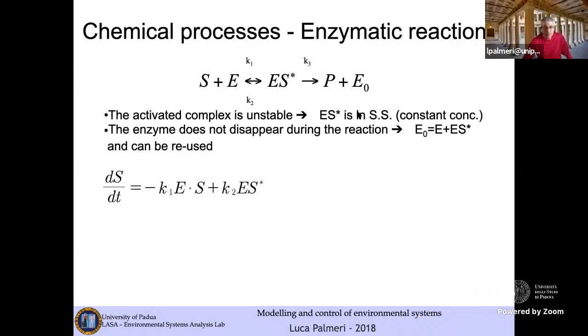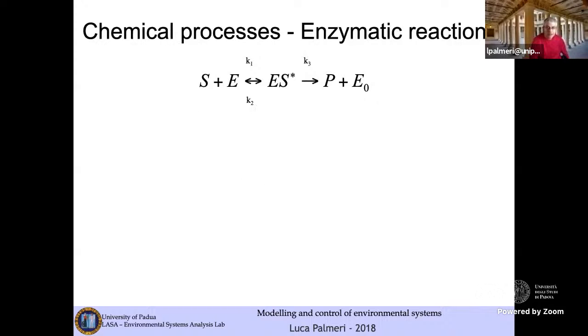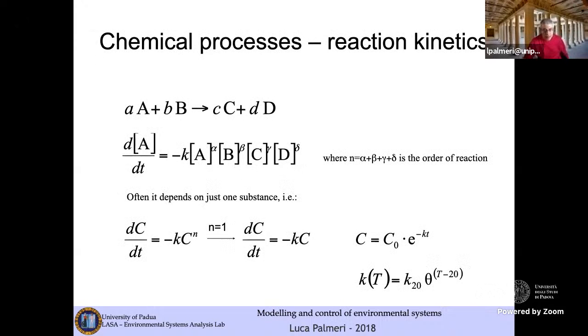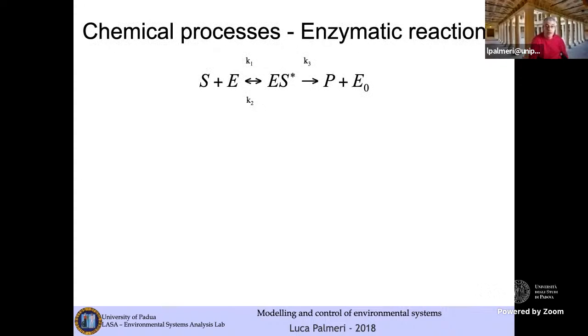This reaction we can describe immediately by saying that the variation in time of the substrate S is equal to minus K1, that is the process going from left to right, so minus K1 times the concentration E times the concentration of the substrate S. I recall that we are simply applying the law of mass action, nothing new.